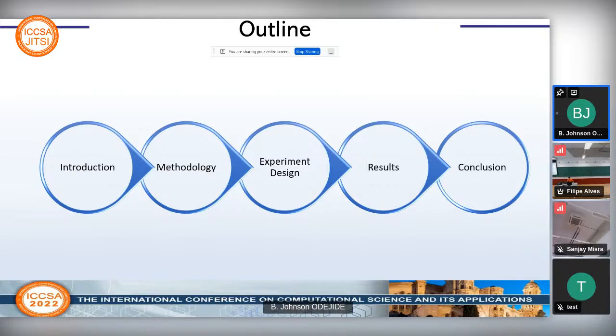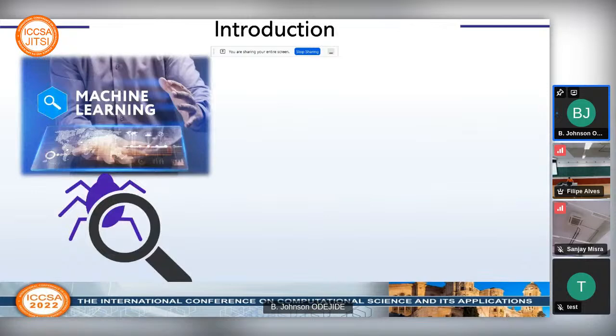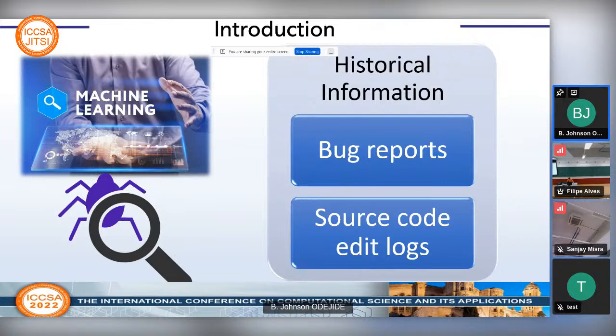Now, the idea behind software defect prediction is to deploy machine learning techniques to predict defects in the software system. This is made possible through historical information, such as bug reports and source code edit logs that are often derived from the software development process.